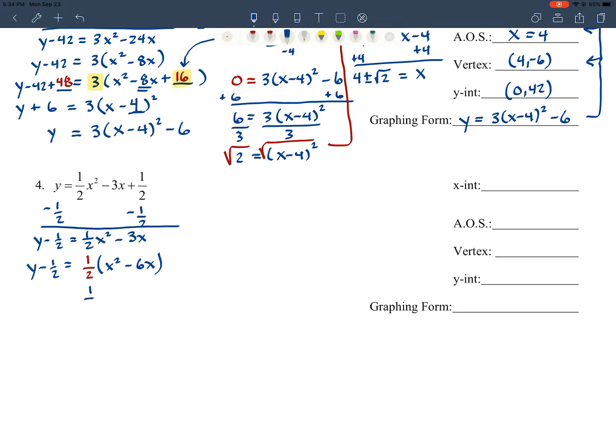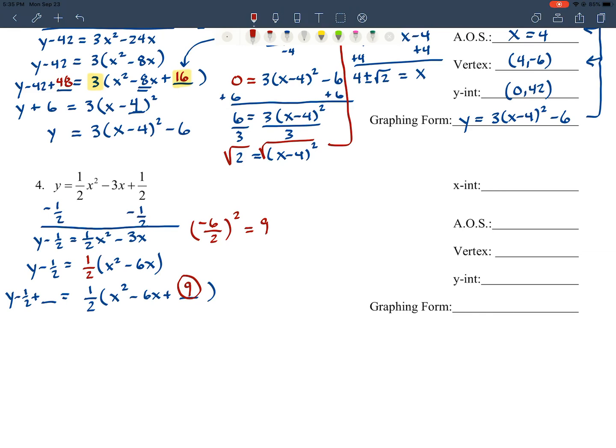Let's complete the square now. 1/2 times the quantity of x squared minus 6x plus blank. And we have y minus 1/2 plus blank. Our missing value here, we can find it by doing -6 divided by 2 and then squaring it, which would be +9.